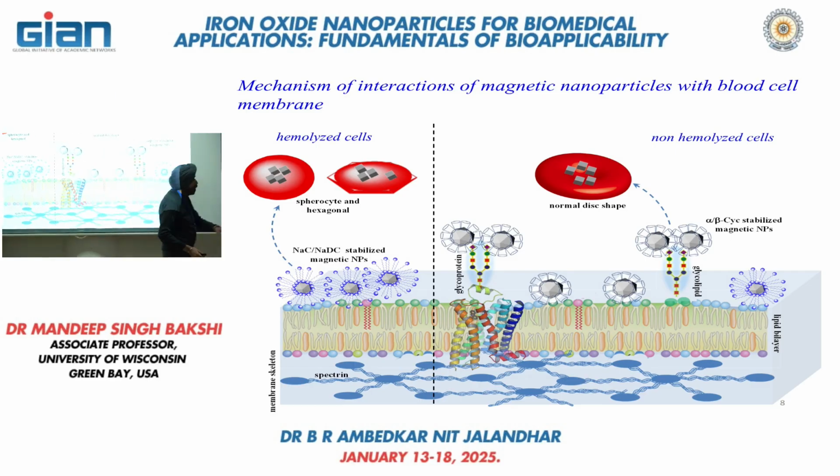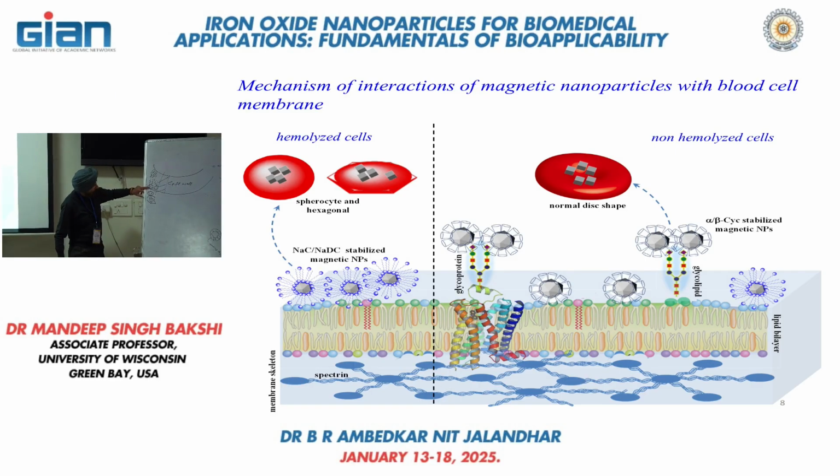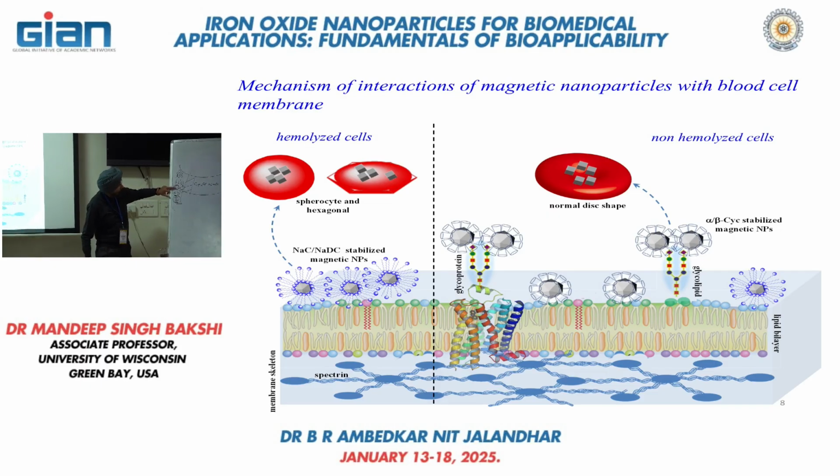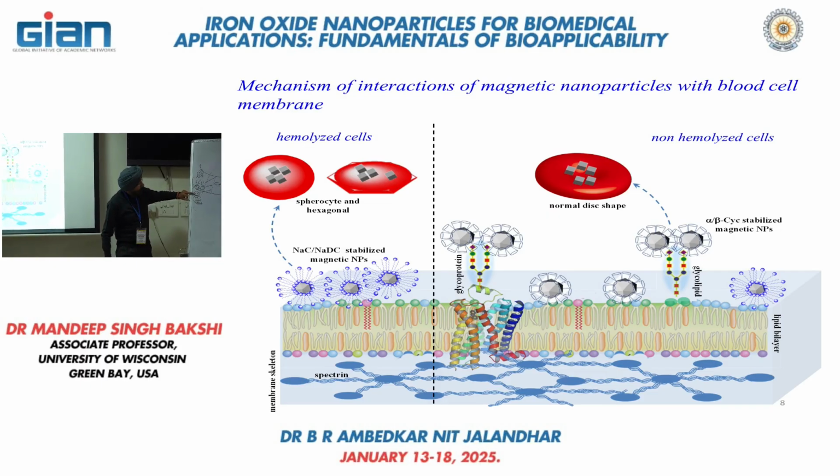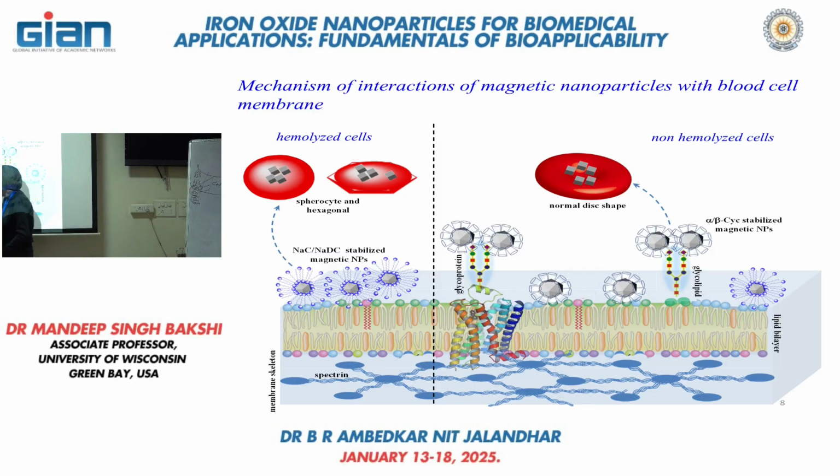It's the same kind of interaction which I showed you over here. The head group of the phospholipid molecule and this is the dipolar amino acid. So the electrostatic interactions are taking place, with the result that this membrane is disrupted and hemolysis sets in. The protein is oozed out.